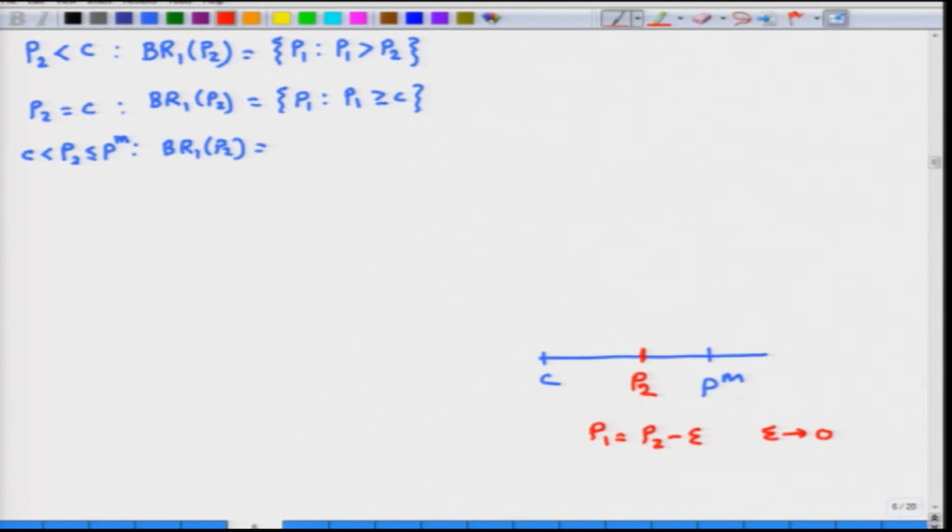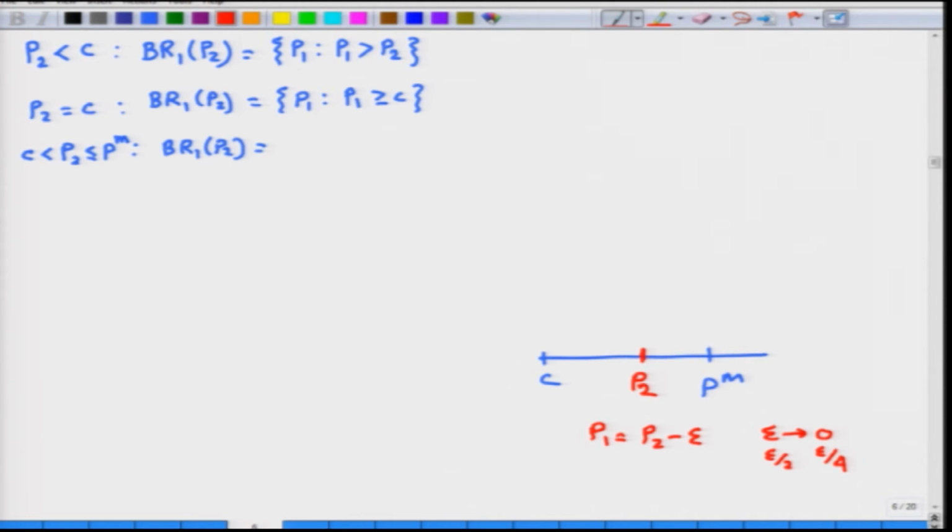The problem for us though is that because prices are real numbers here, if I choose an epsilon, I can come up with some other epsilon which is even closer to P2, which will still be sufficient to undercut firm 2, capture the entire market demand and increase my profits even more. So, if I choose epsilon, I can go to epsilon by 2, then thereafter I can choose epsilon by 4 and get even closer to P2.